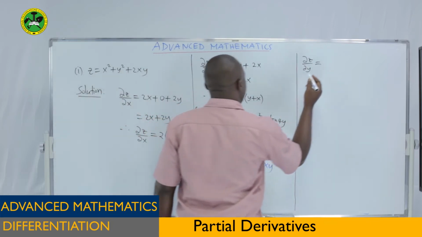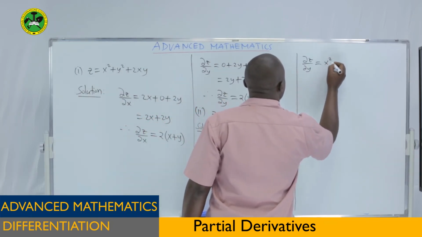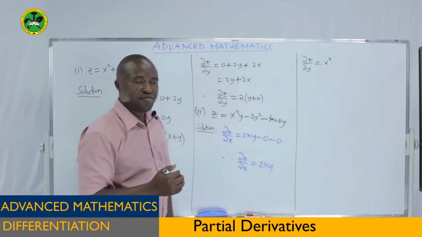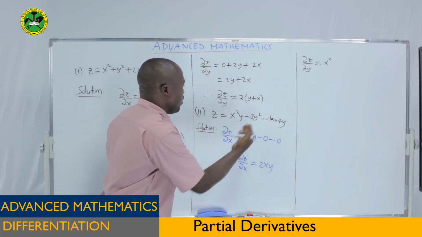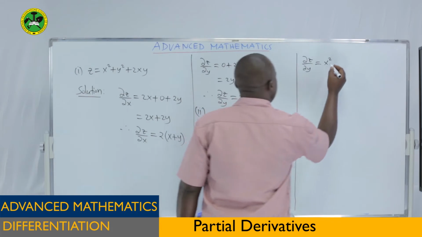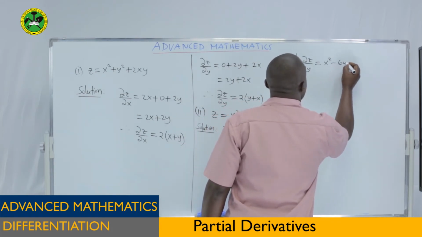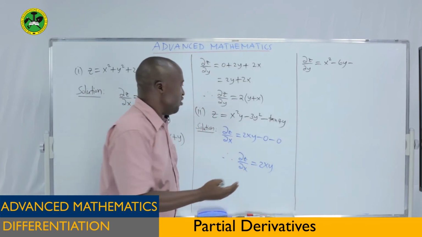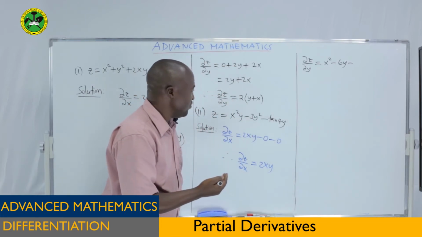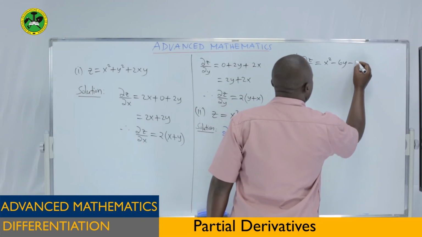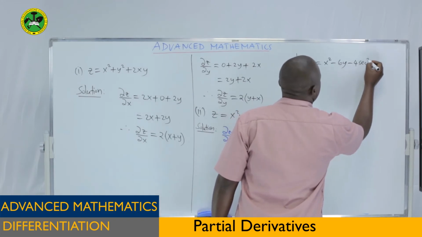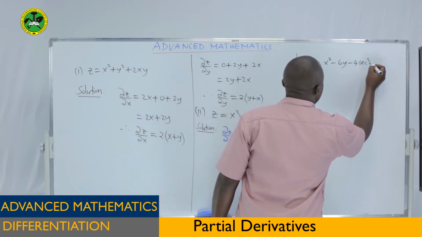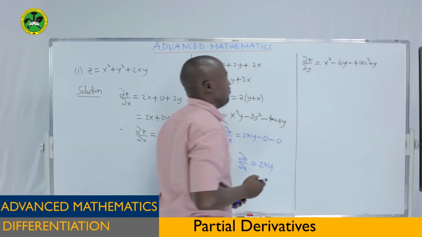So in this case we have x squared. Then we have y squared, so this one is minus 6y. Then minus, we have 4y.